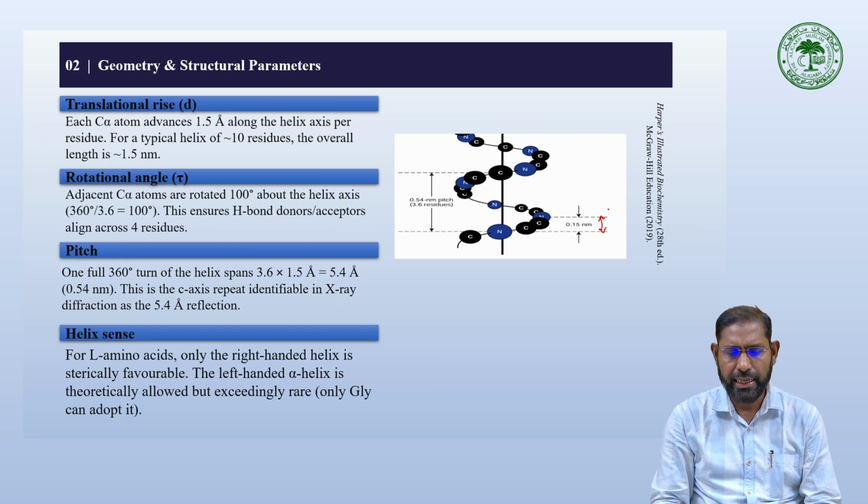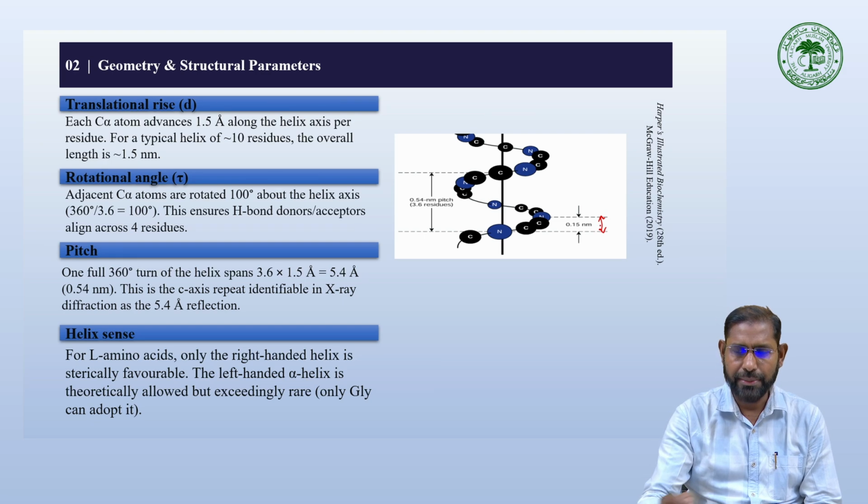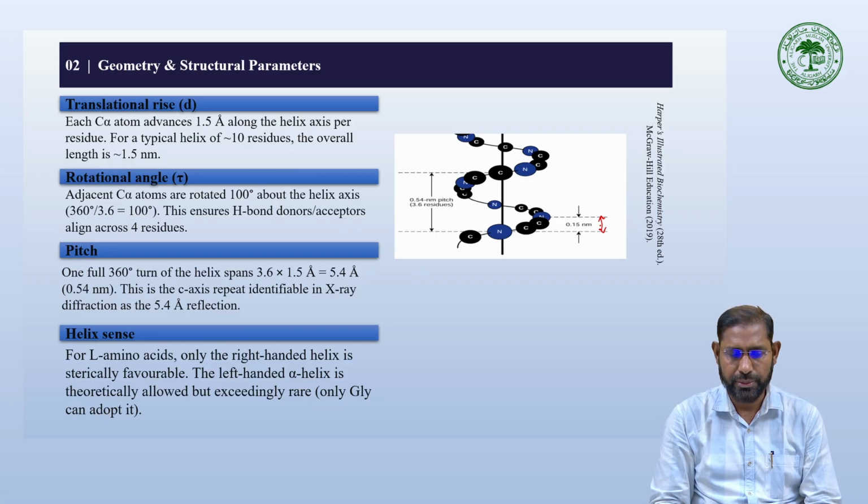For a typical helix of 10 residues, the overall length is 1.5 nanometer. Now the rotational angle: adjacent C alpha atoms rotate 100 degrees about the helix axis, since 360 divided by 3.6 residues becomes 100 degrees.